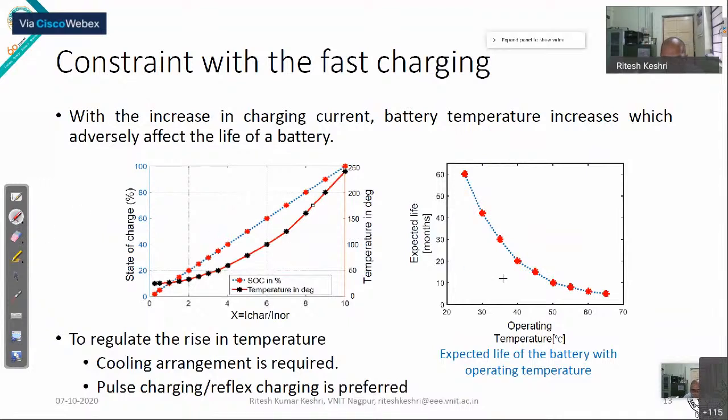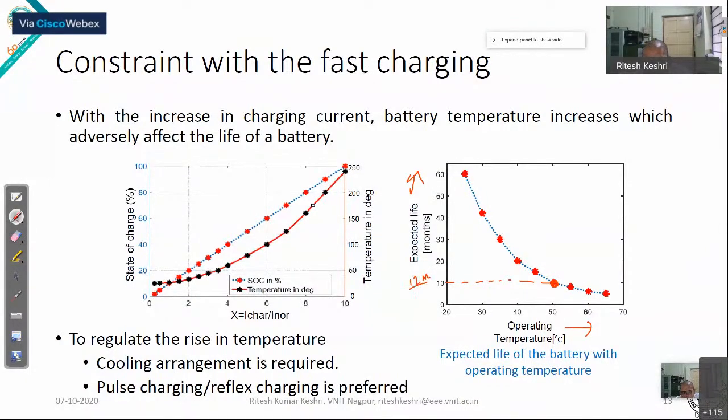What is happening with the temperature? This curve shows the operating temperature, and here how many months you can use the battery. If you operate your battery at around 50 degrees Celsius, you can use your battery around 12 months, one year.